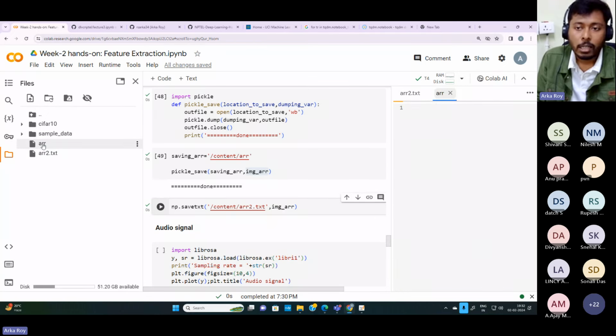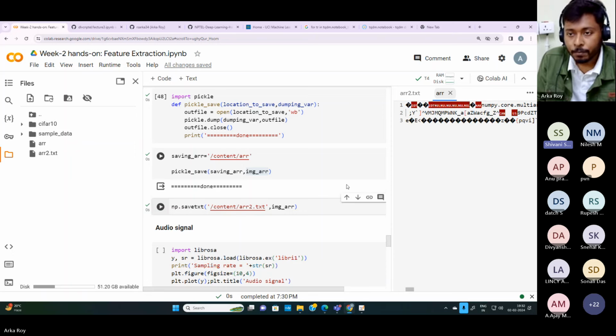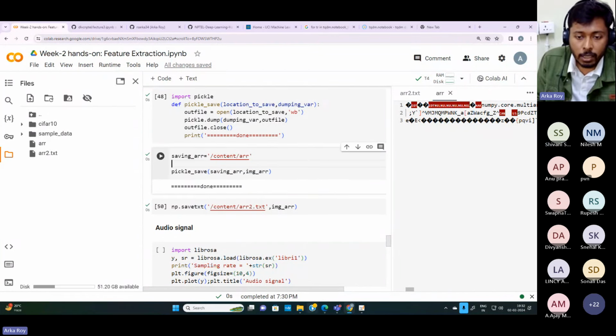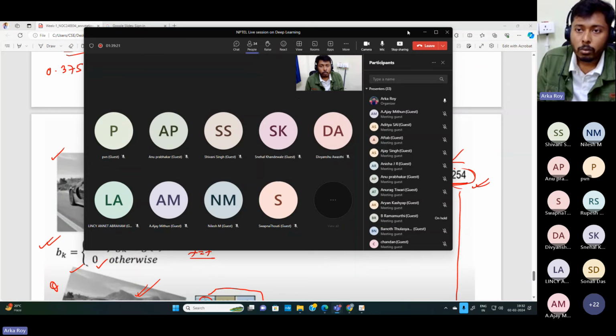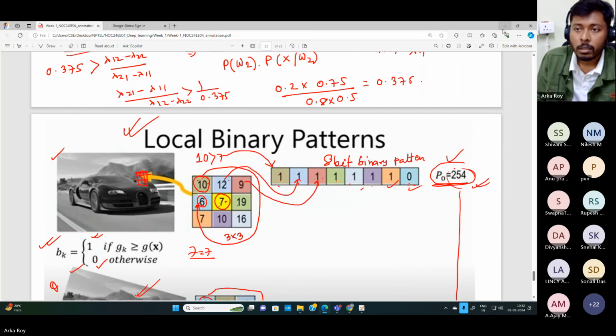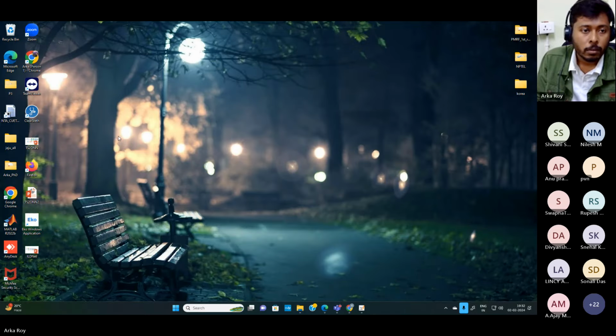Sir, is it containing the same information as arr2.txt? Yes, it is containing the same information. So for example, let me show you, let me go to another account.